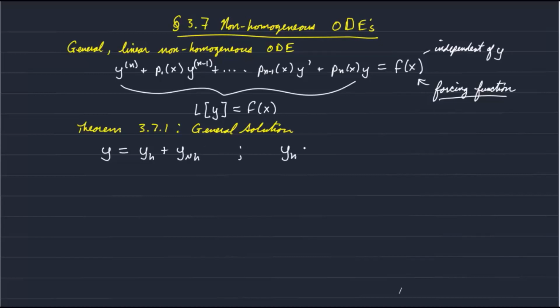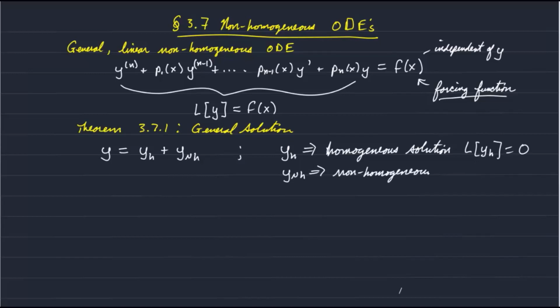So here YH we'll refer to as the homogeneous solution. That is, if that solution is operated on with our linear differential operator, we'll get 0 on the right-hand side. And then we also have the non-homogeneous solution, which, when operated on by the linear operator, we get the forcing function.